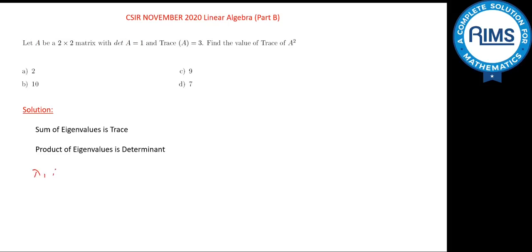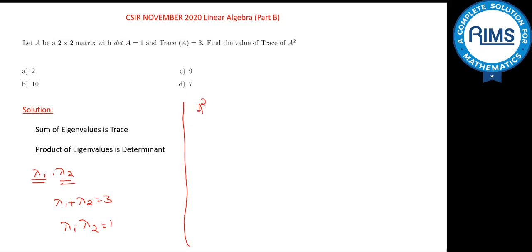That is, here capital A is a 2 by 2 matrix, so the eigenvalues are lambda 1 and lambda 2, and we know that the sum of the eigenvalues is the trace, that is lambda 1 plus lambda 2 equal to trace of the given matrix, which is 3, and the product of the eigenvalues is the determinant, that is lambda 1 into lambda 2 equal to 1. Now what are the eigenvalues of A square?